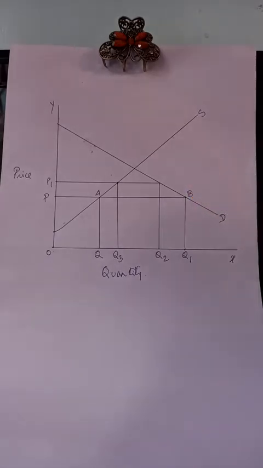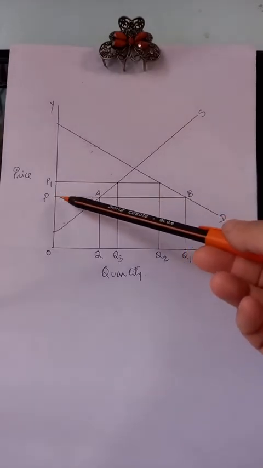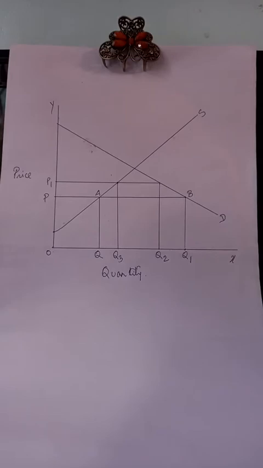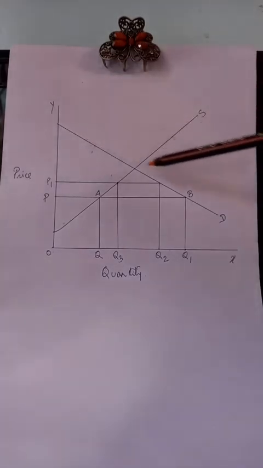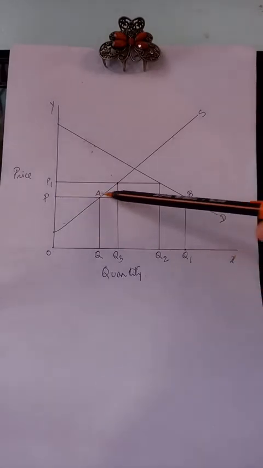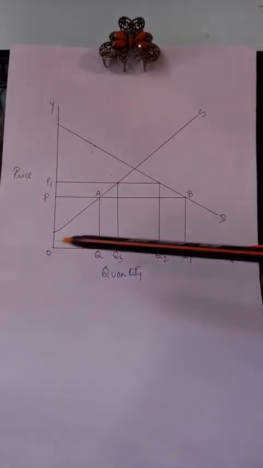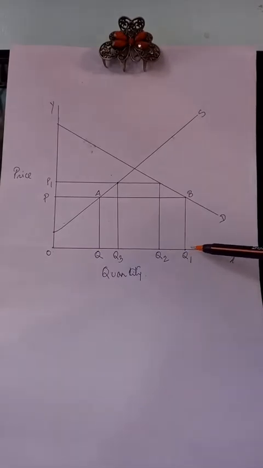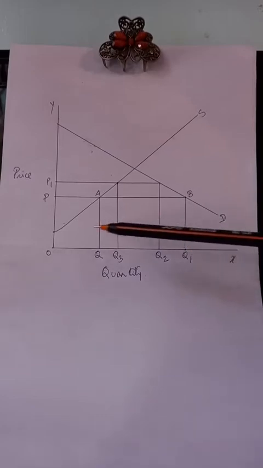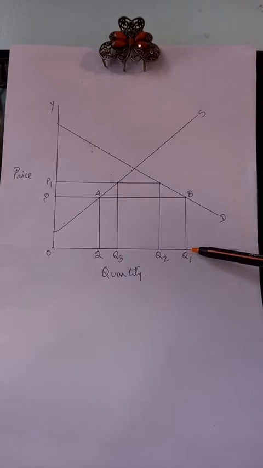So under free trade, given this demand curve as well as the supply curve of the domestic country, and given this world supply curve PB, we can see that the domestic demand curve D intersects the world supply curve at point B, which means OQ1 is the quantity of goods that is being demanded in the country.